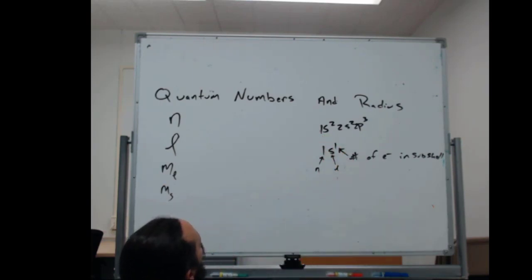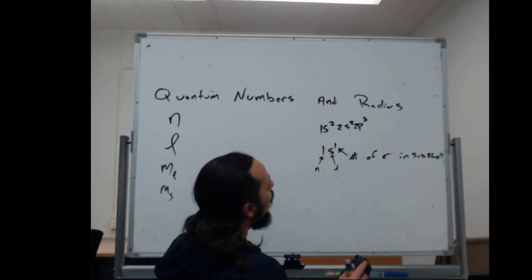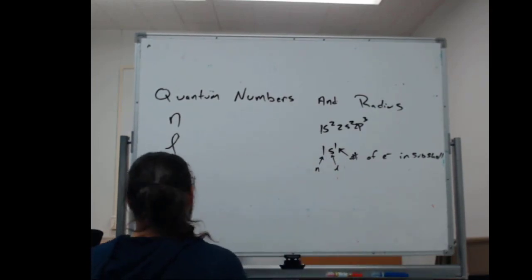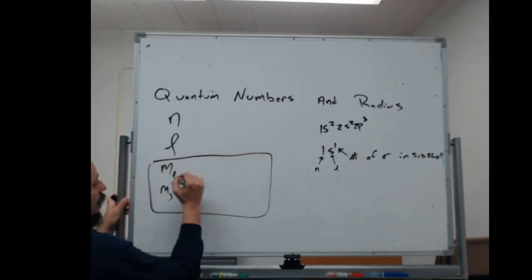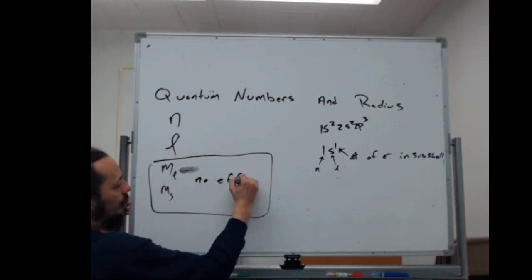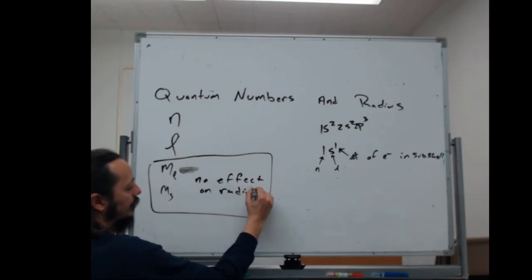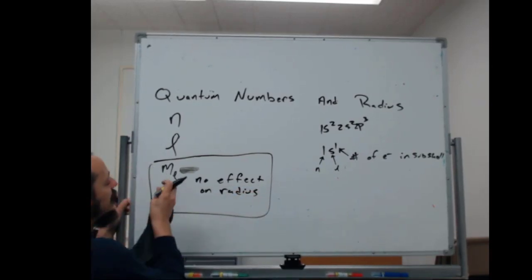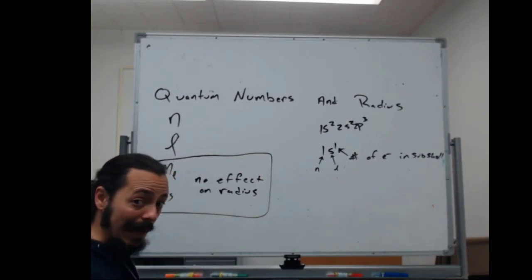Now, when we're specifically talking about radius, it turns out that the m sub l, m sub s have no effect. It's possible you could make the argument that there are times when they do matter.